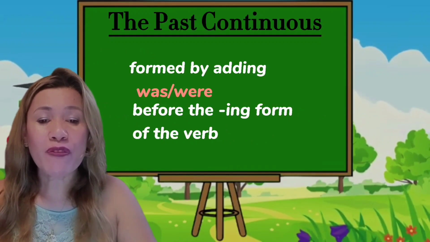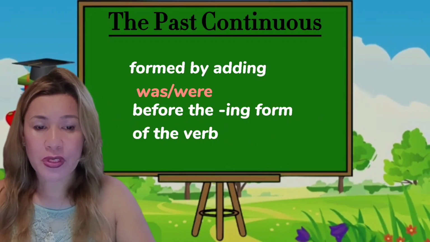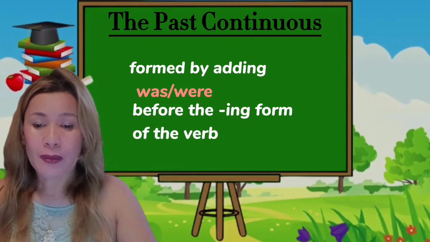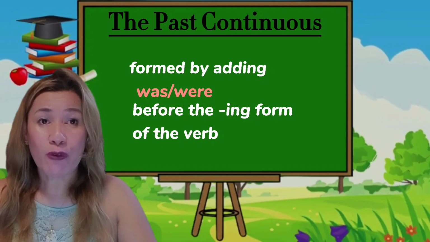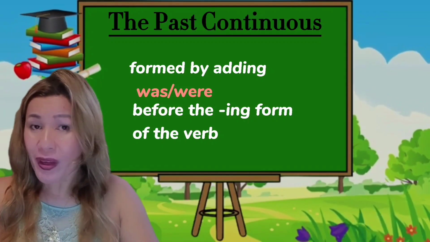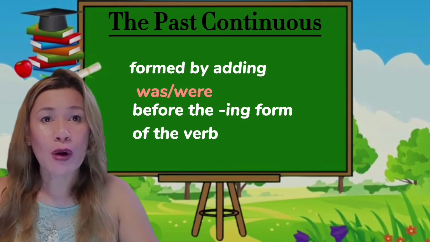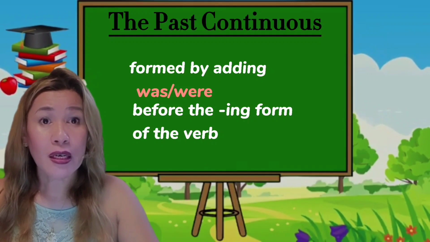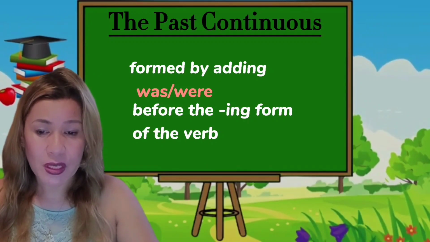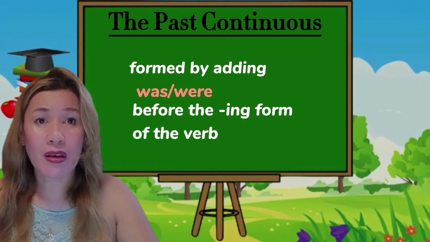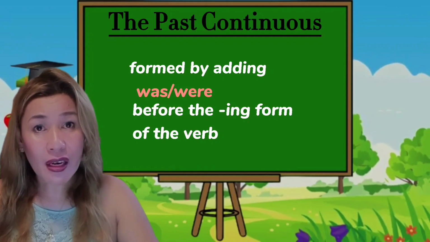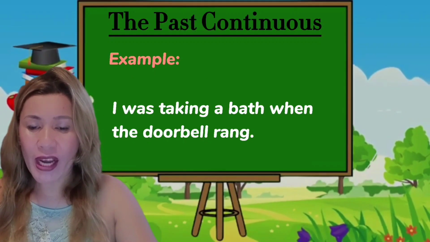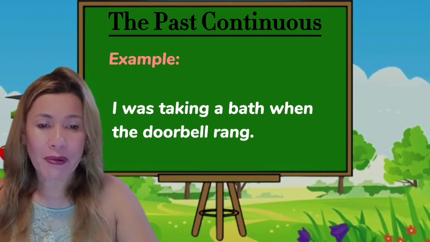So how do we form the past continuous? We form the past continuous by having was or were plus the ing form of the verb. So what differs past continuous from present continuous is the verb to be introducing the verb. So for past, you will have either was or were. Was for singular and were for plural. In this case, in example 1, I was taking a bath when the doorbell rang.